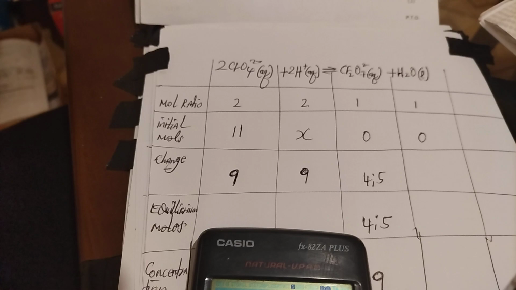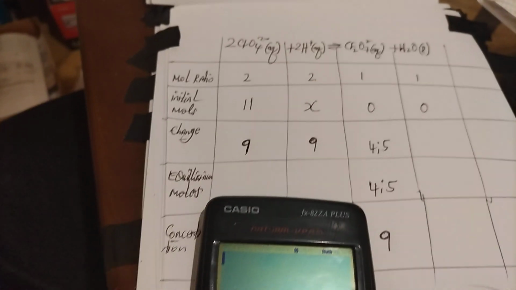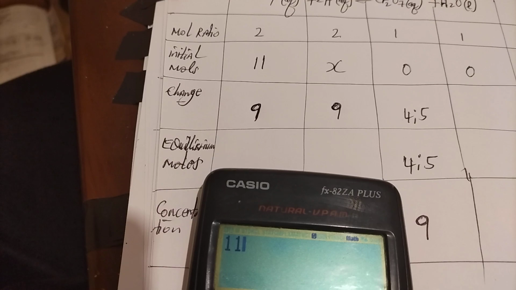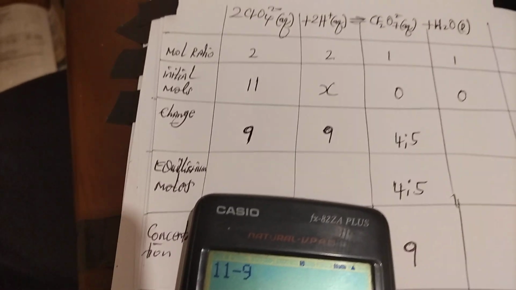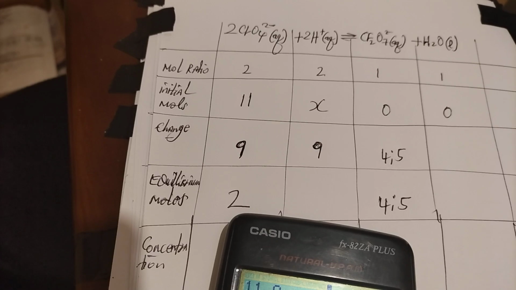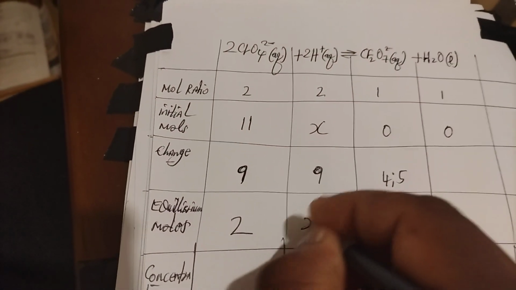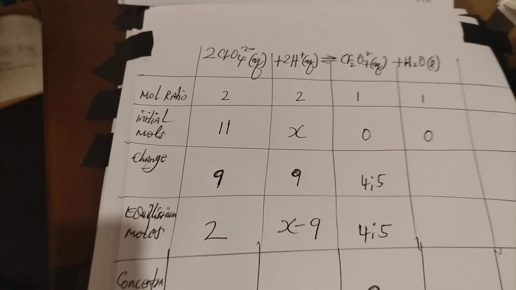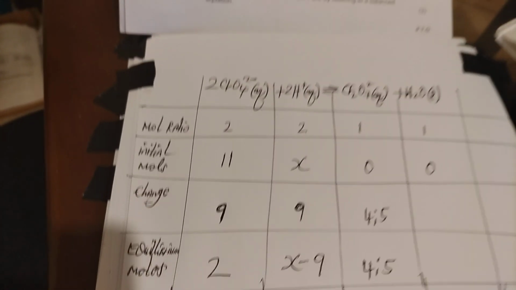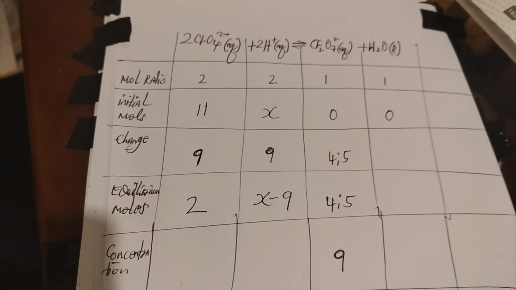If we touch our calculator again here, you will see that will then be 11 minus 9, which will give us a 2 in this case. And then the other one, of course, it's X minus 9. So that's basically how it's done.